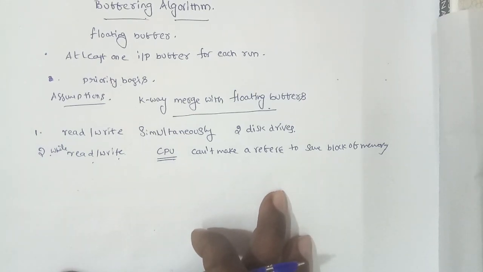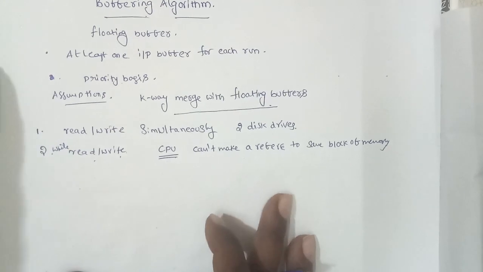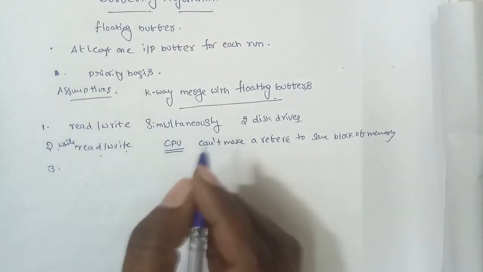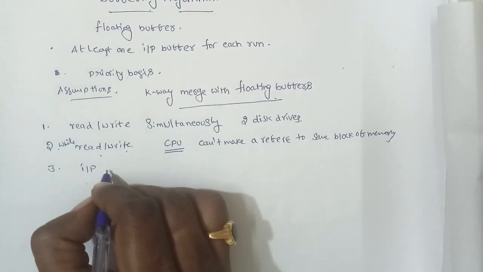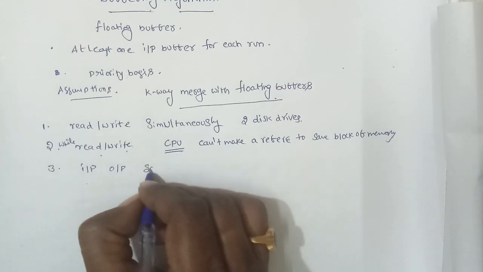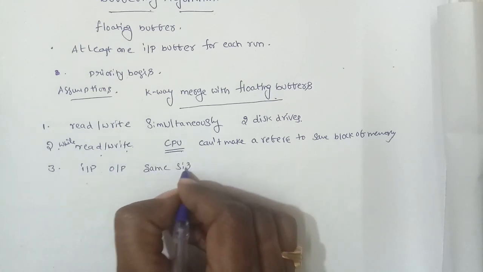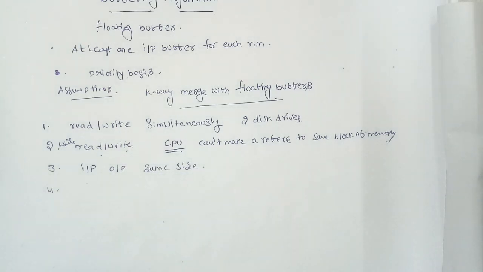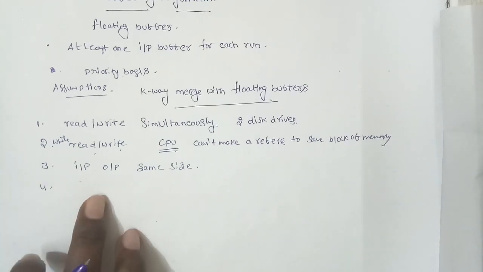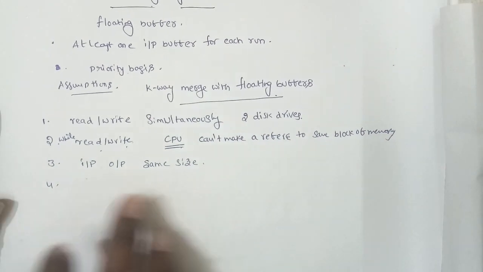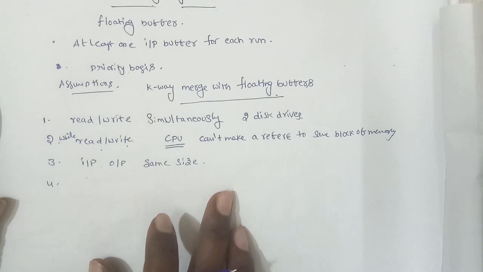That is, the memory is reserved for either the read operation or the write operation. Another assumption is that input and output buffers are of the same size, that is, the number of elements stored in input and output must be the same.